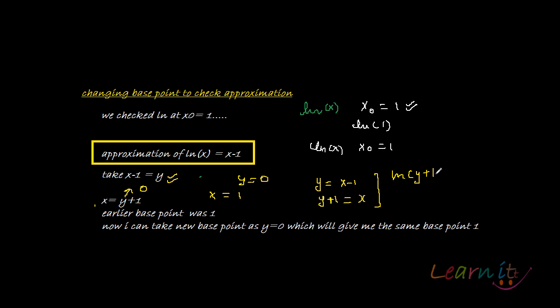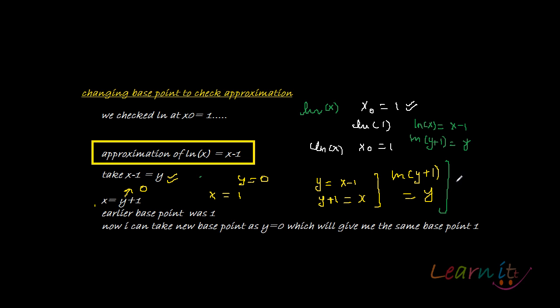So natural log of y plus 1 will equal y. Can you see that? It's the same thing as writing ln x equals x minus 1. What I've done is in place of x I have written y plus 1, and in place of x minus 1 I've written y.